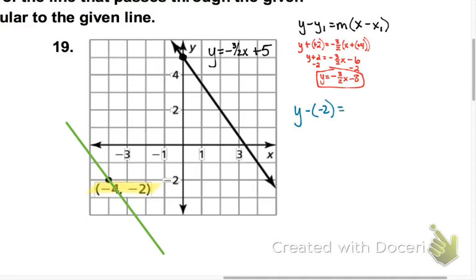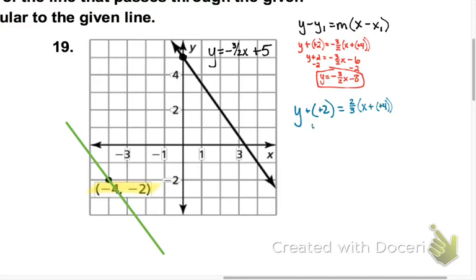It's just going to be a positive 2/3 times x minus a negative 4. We just flip that slope and we change it from a negative to a positive. Now, in doing that, it's not going to be as nice and neat as it was with a parallel line. That's okay.